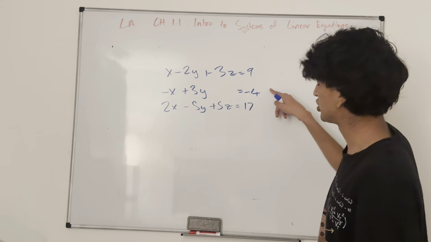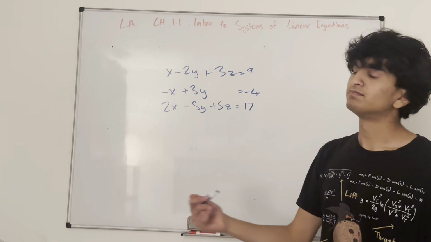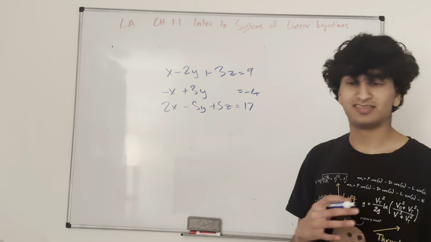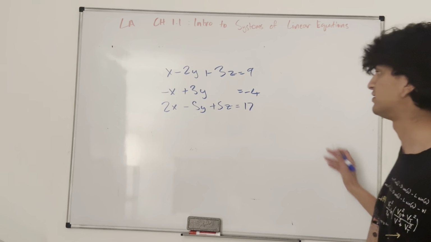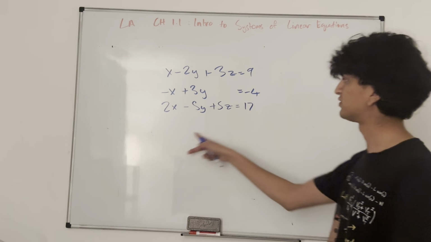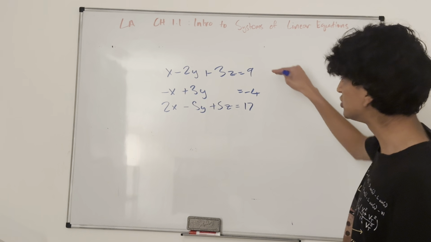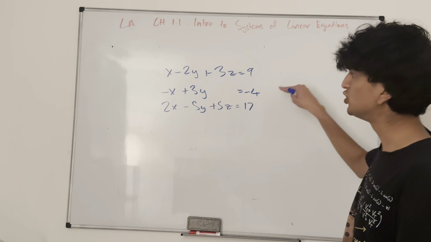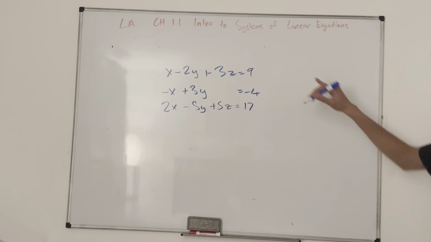In the next equation, I want just y's and z's. And in the final equation, it'll be just in terms of z. That's what we mean by row echelon. Each equation reduces a variable as you go, so we want to get rid of variables as we go.